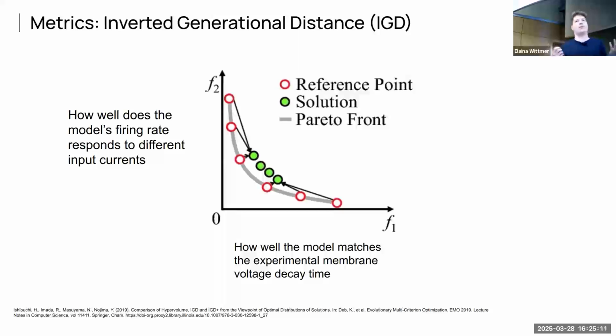Now what often happens is you optimize and you find two solutions, one being very good on this objective, another one being very good on that objective. And so it's actually not trivial to say which model is a good solution to this problem. There's a vast literature out there on how to do this, and we're just using it. One of the metrics we're using is the inverted generational distance.